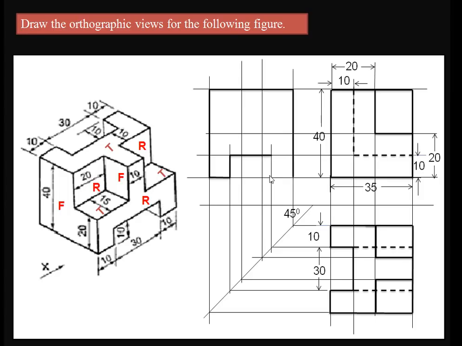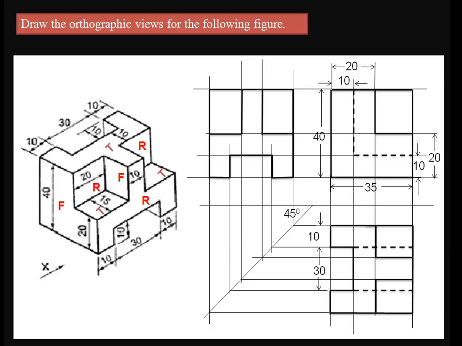So similarly draw a line vertically, draw a line horizontally. Some shape will be completed. Next I would like to show these two lines up to these two construction lines. These two lines represent these two edges of the object, and similarly from these two points draw the two vertical lines. So automatically the required right side view will be completed.